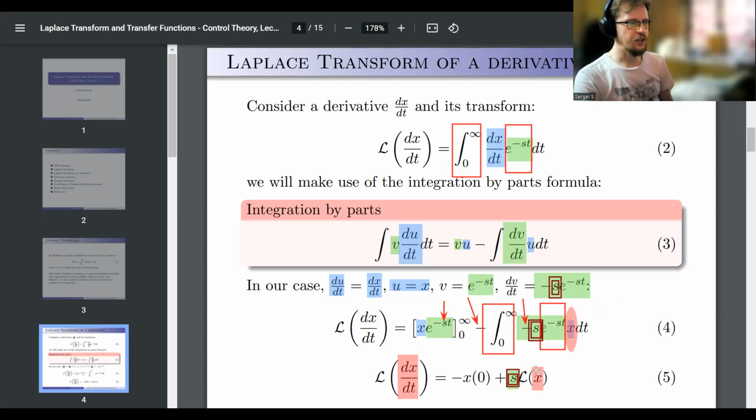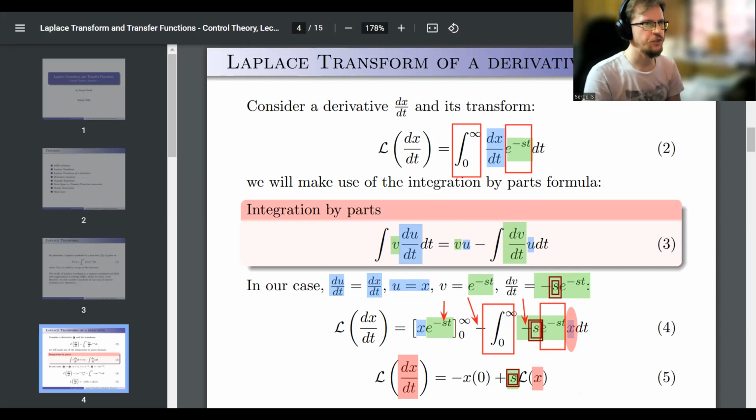So this is how we get s in front of this L. And we can take it out of the brackets because we integrate over t, we don't integrate over s, so it is just a constant under the integral. So the Laplace transform of dx dt is initial conditions with a minus sign plus s times the Laplace transform of x.